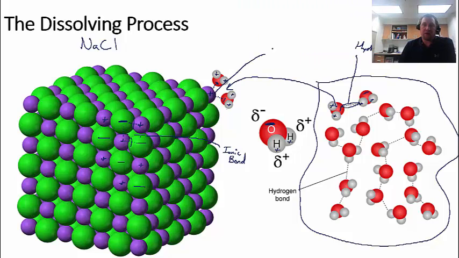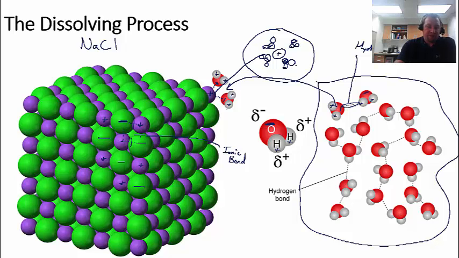Eventually, they will pull themselves free, and what you'll have is a sodium ion surrounded by water molecules. And this happens very quickly, it'll pull these salt crystals apart, and each ion will then be surrounded by a set of water molecules.